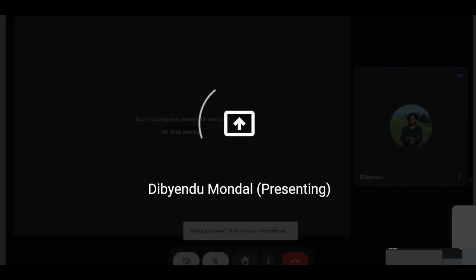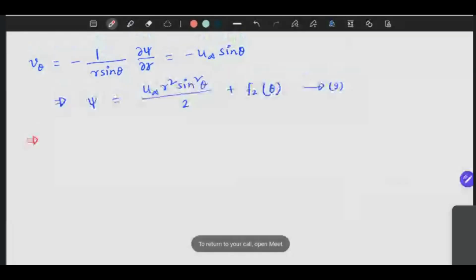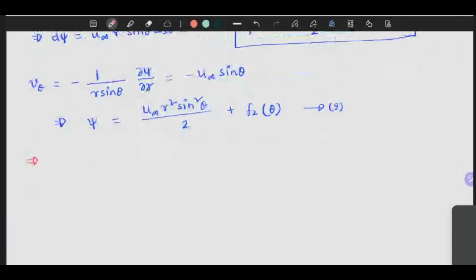So what we were doing was solving for this psi and we got this. So now we got this stream function as u infinity r square sin square theta divided by 2 at r tends to infinity.